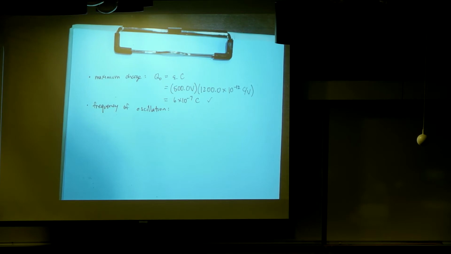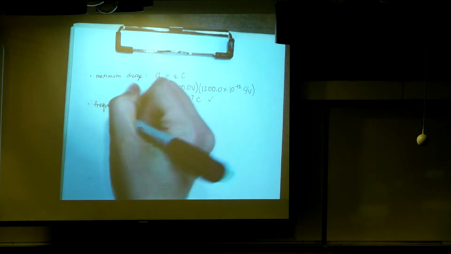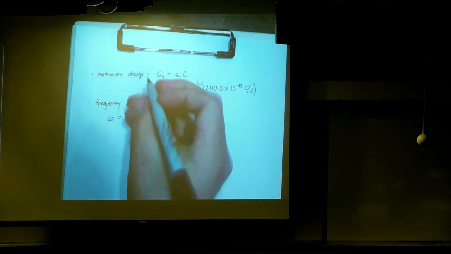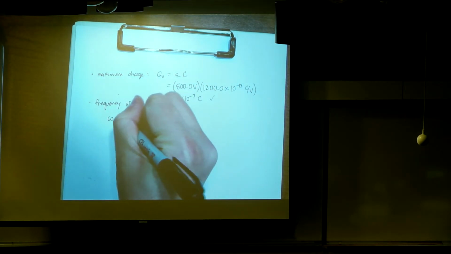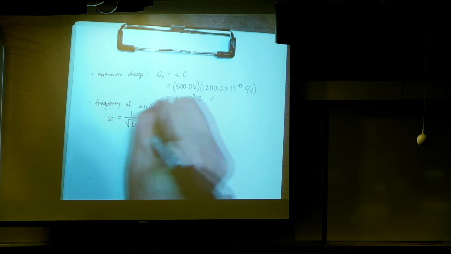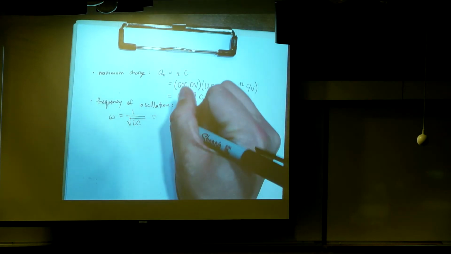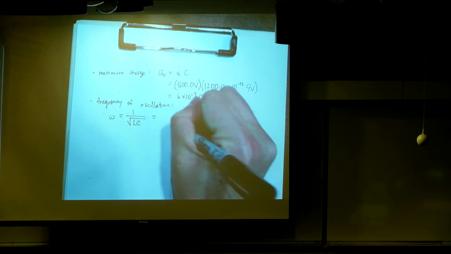So again, the circuit itself is oscillating in terms of the charge that the capacitor holds and the current that's flowing through the wires. There's some frequency associated with that. That's where omega comes in, okay? Omega is 1 divided by the square root of L times C. For an LC circuit, the frequency that it oscillates at just depends on the values of L and C. So, in the case of L, we had 75 millihenries.